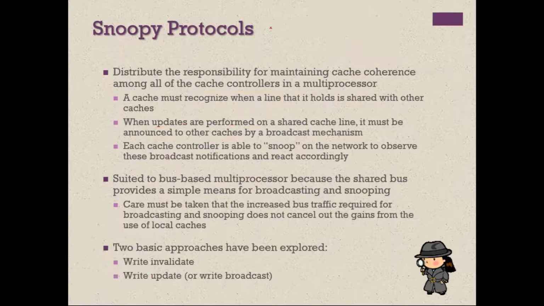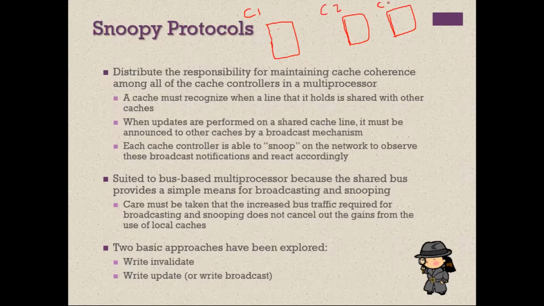Say, for a simple case, let us assume there are 3 caches, cache 1, cache 2 and cache 3. Say in each of the caches there are 3 lines. This is cache 1 in processor 1, this is cache 2 in processor 2, this is cache 3 in processor 3. The first line of cache 1 is shared.